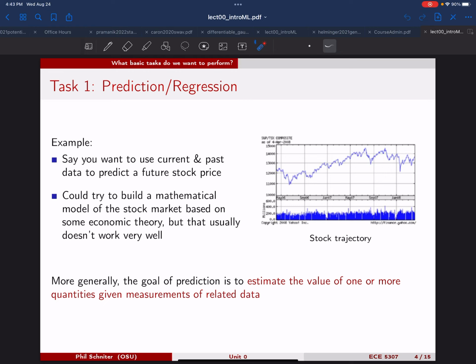They have mathematical models, and you would then apply their models to this problem, right? So it's based on knowledge. It's not based on learning. You assume that they've figured it out, and then you use that. But that doesn't actually work that well, using some sort of economic theory to invest in the stock market.